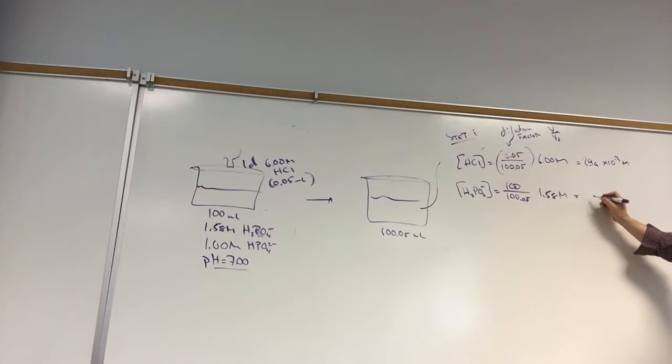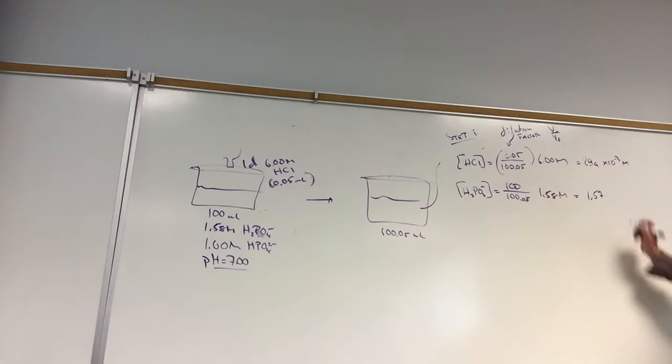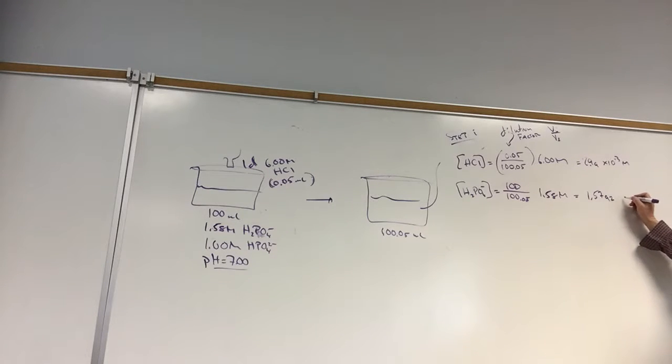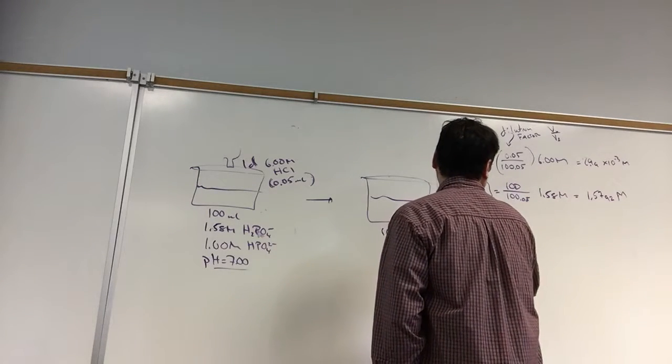This is going to give us 1.57. Can someone calculate this? 1.5792 molar. And they've barely changed, about 1.58. And then the monohydrogen phosphate.